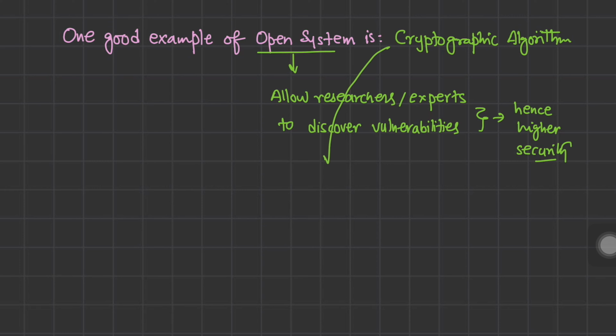And in open design, we allow researchers, experts, academicians, students, hackers, everyone to discover vulnerabilities, and they can publish those vulnerabilities. With this condition, there is a high chance that our design can be made more resilient. That's all about open design.